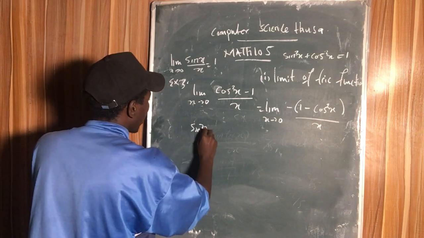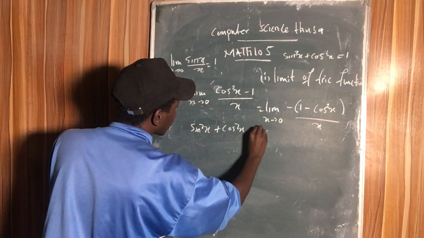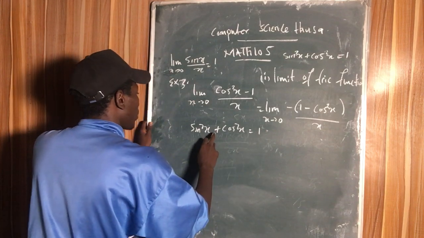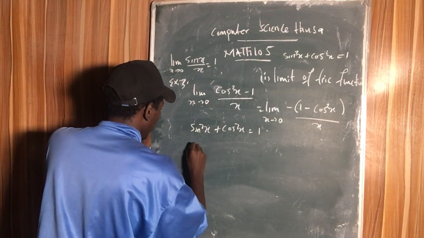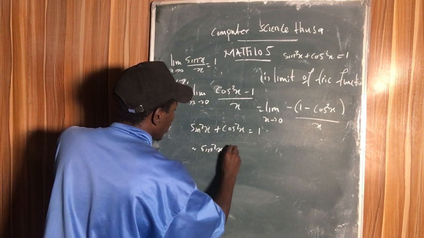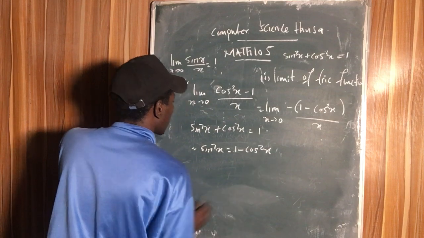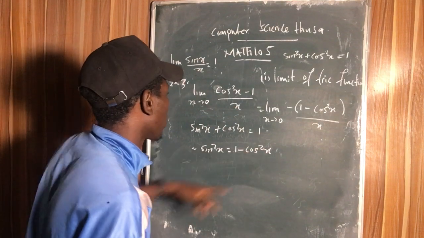Sin square x plus cos square x is equal to 1. This is going to be sin square x is equal to 1 minus cos square x.